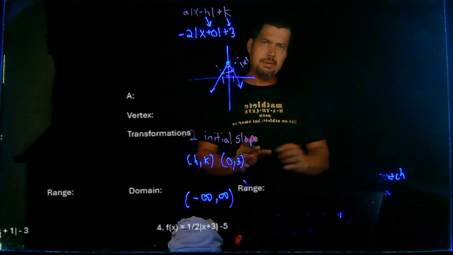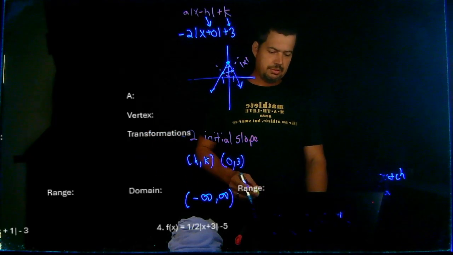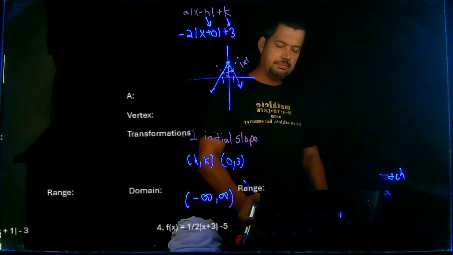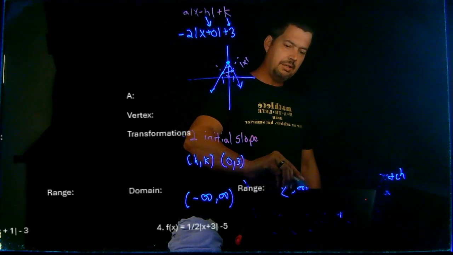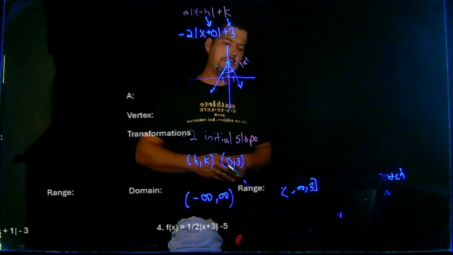Now, we always talk about the small number first when we talk about domain and range. So my range is negative infinity all the way up to 3. We put a bracket on that 3 because that's a solid point on the graph and I can touch it.